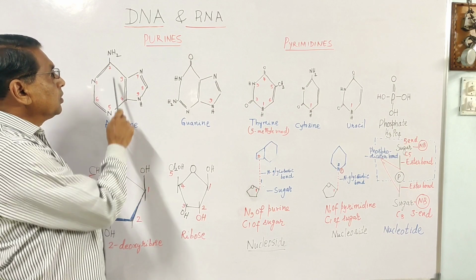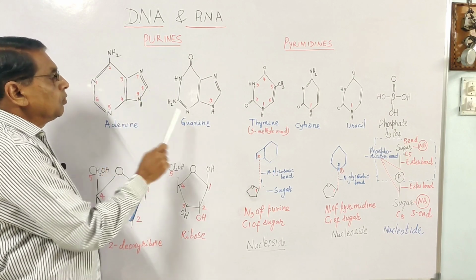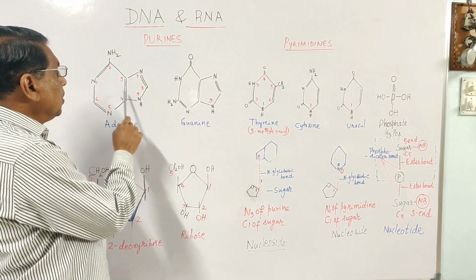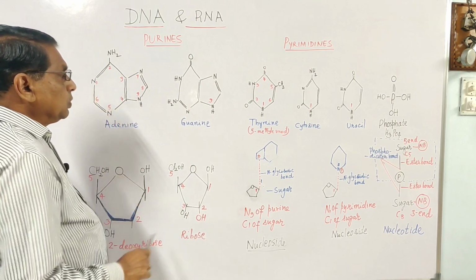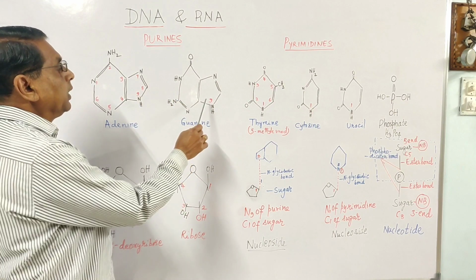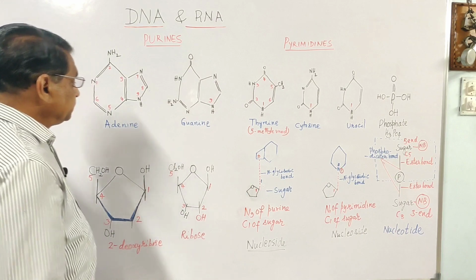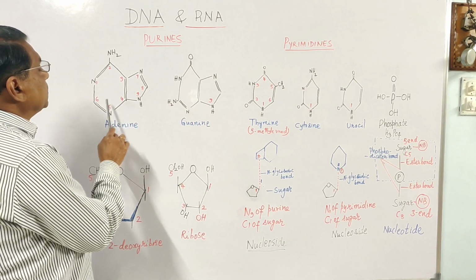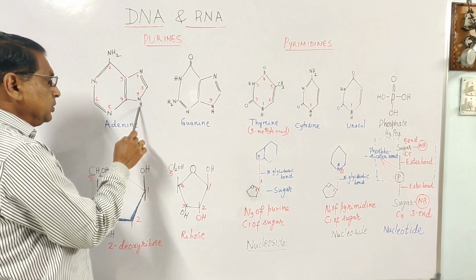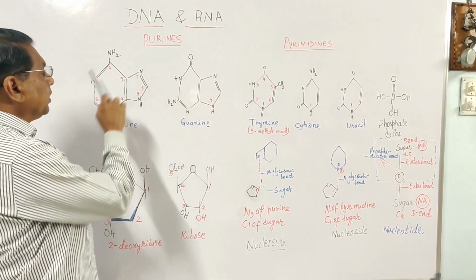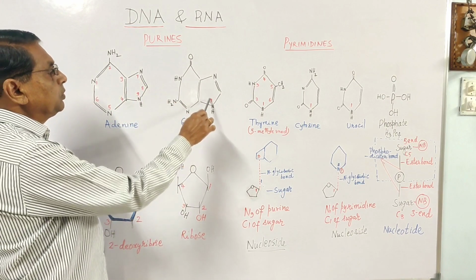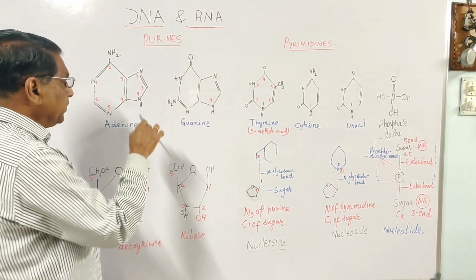Purines are adenine, guanine. These two are bicyclic with two ring structures. Total 9 atoms. At the 1st, 3rd, 7th and 9th positions, nitrogen. Remaining positions, carbon. This 9th position nitrogen is important for us.